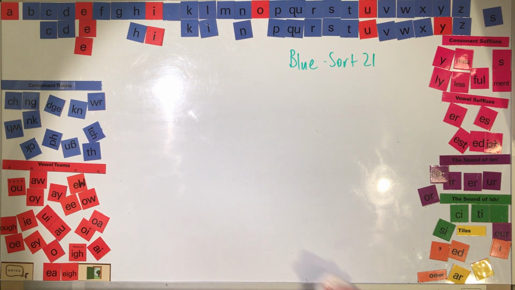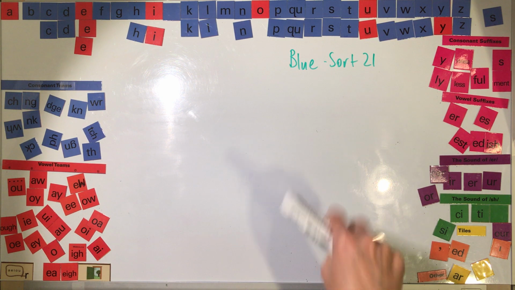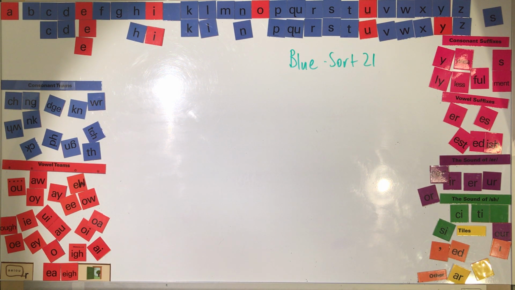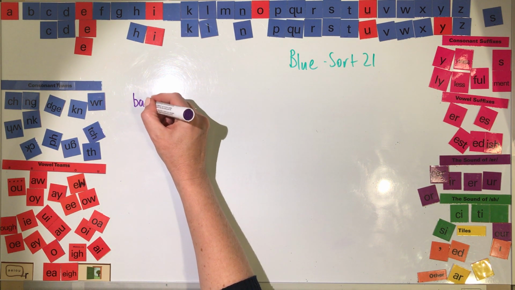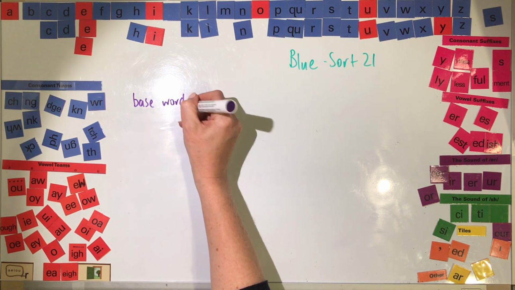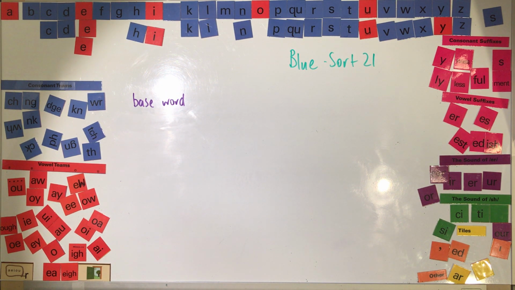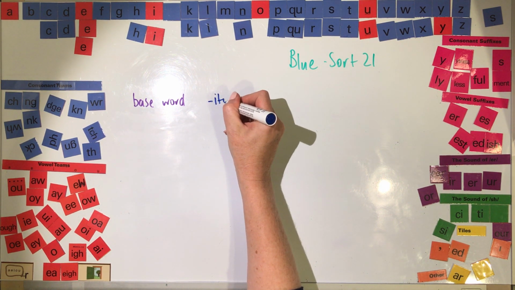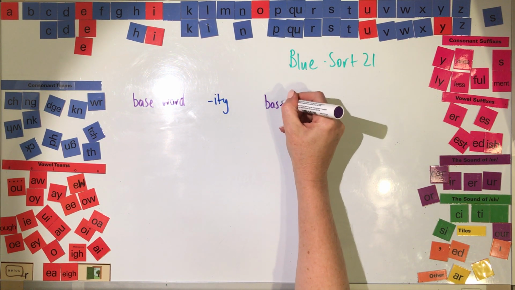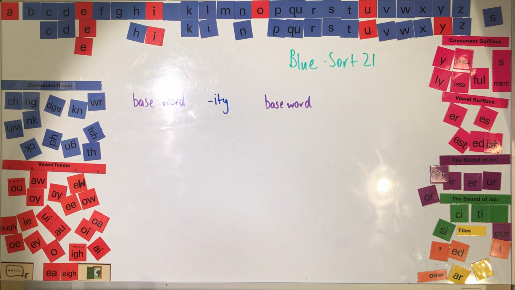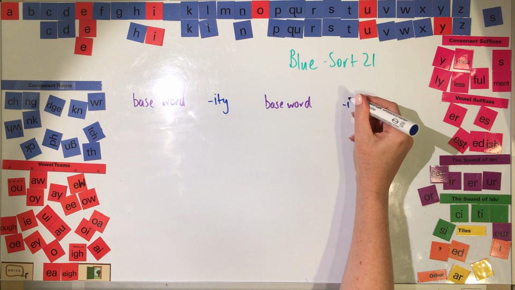Okay, so again we've got really just two categories, but I will have to do them in two columns because my board's not long enough. Okay, so we've got base word, and we've got ITY version, and we've got base word, and then we've got the ITY version.